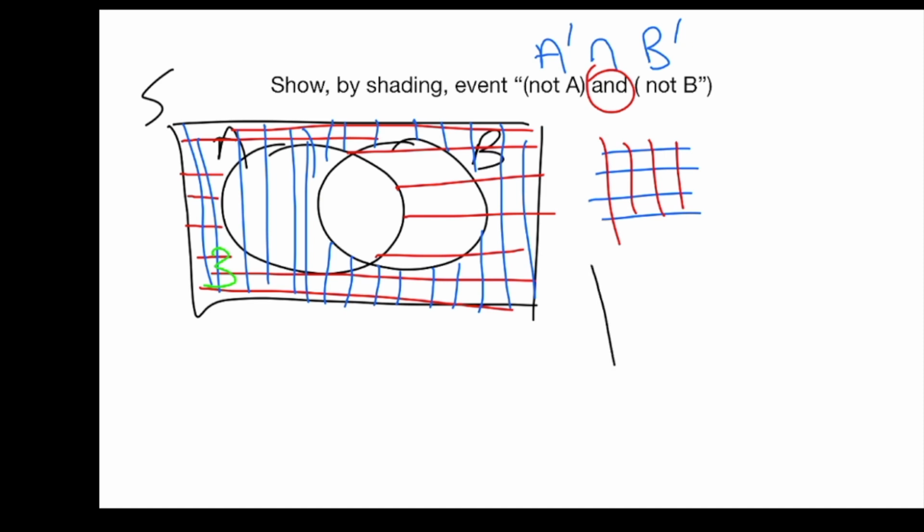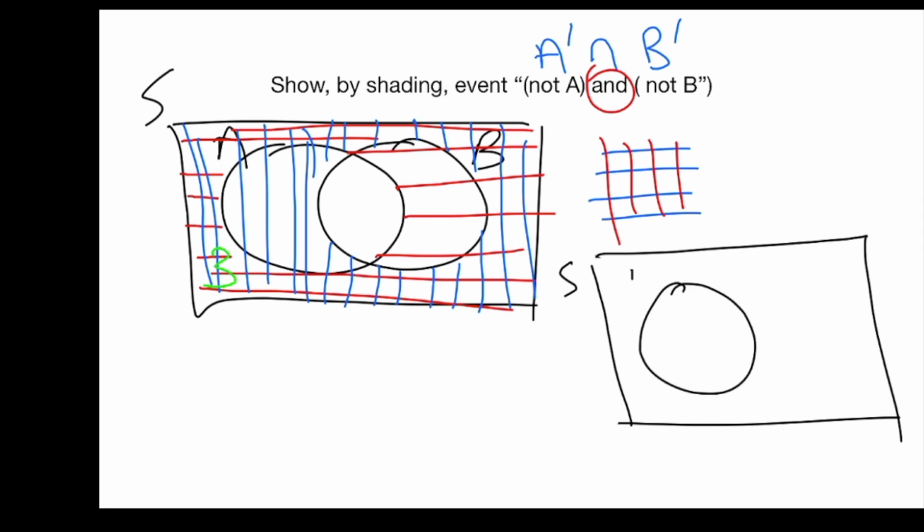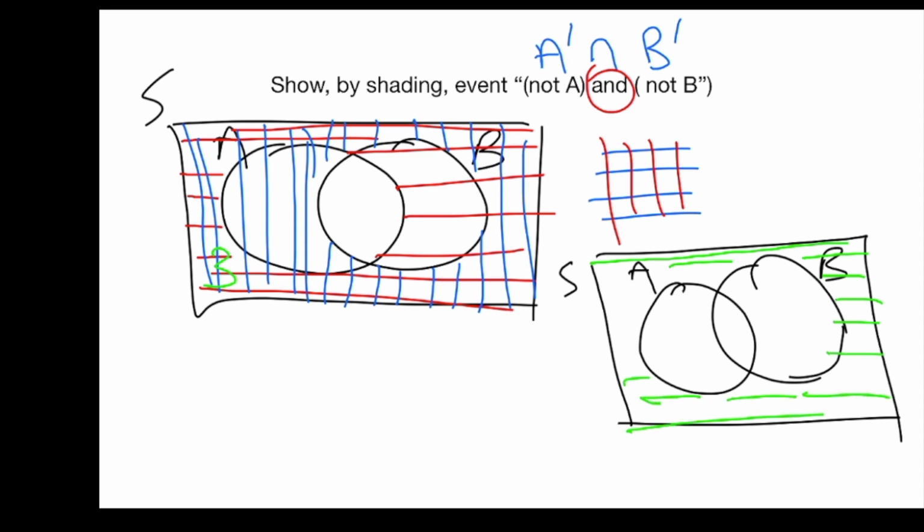Okay, so if we draw that so that we see it clearly, we've got our A here and we've got our B there. The region we are looking for is everything that is outside B as well as outside A. So that is the answer for that set there. That is not in A and that is not in B.